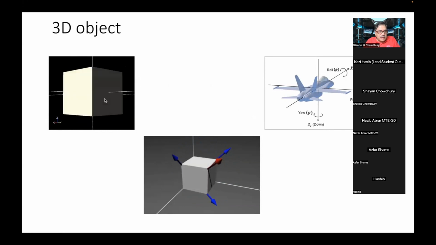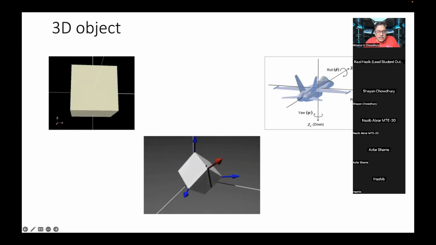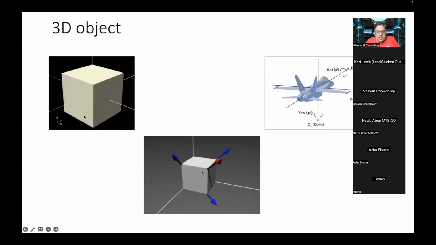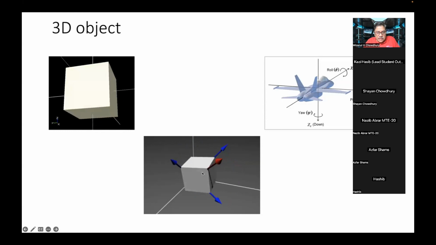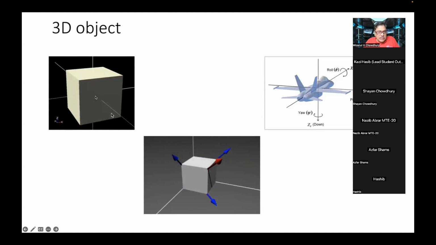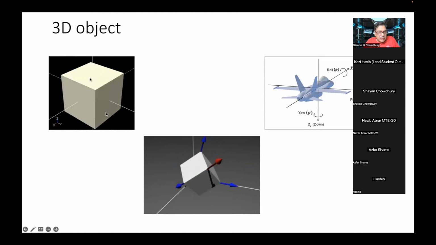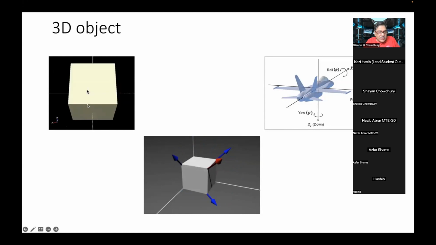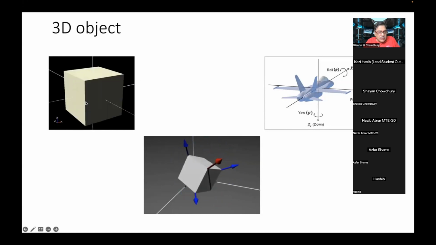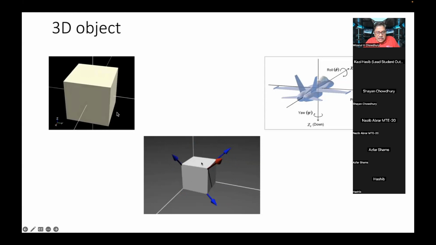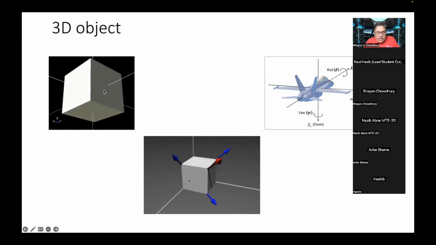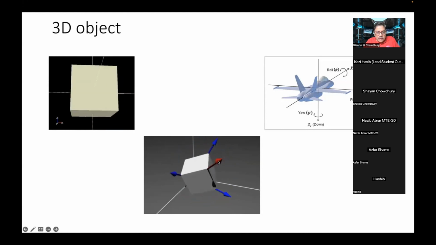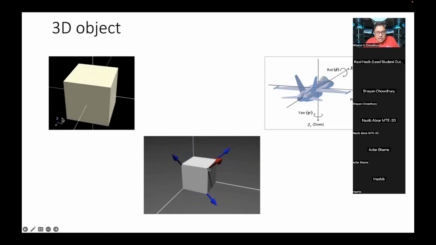Same thing. See, it is rotating, and here also this cube is rotating around different axes. This one is rotating around the y-axis or x-axis or z-axis. But in this picture, this cube is rotating around different axes. You see the red one? These are different axes.